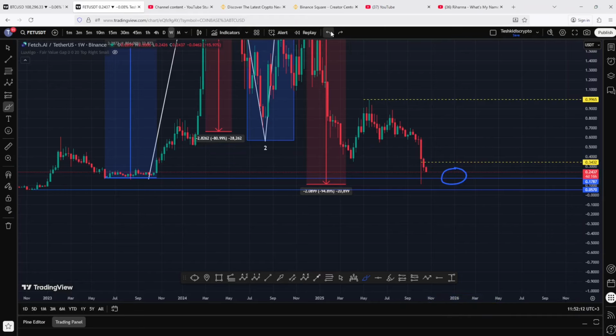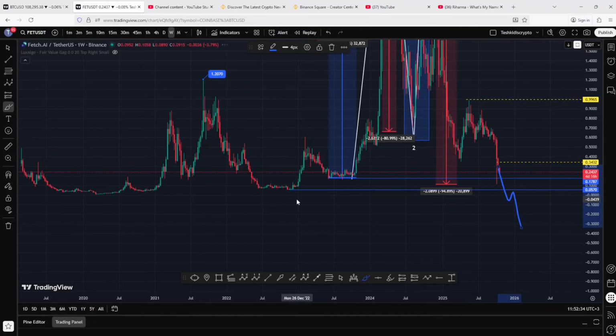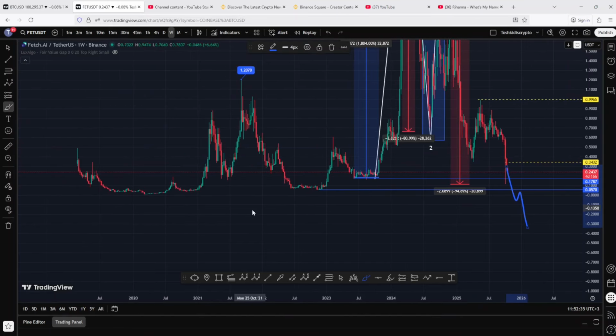If we lose it, then we can watch for the last line of support on the charts above the 0.057, and if that continues to hold, then expect another bounce back. And in the worst case scenario, in case we lose the 0.057, then expect a new bear market low here on Fetch AI to be printed in the next coming weeks.